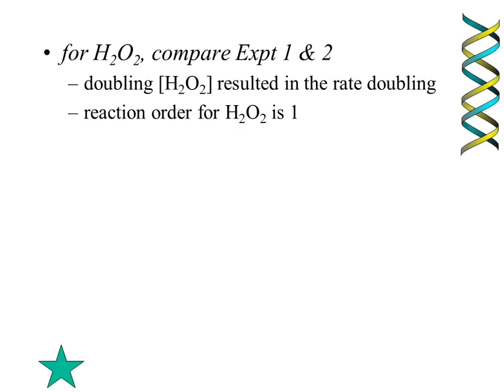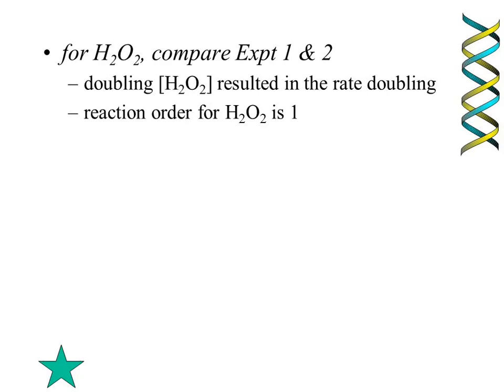All right. So you can go back and forth. You can go on to the sheet I gave you if you want. For experiment 1 and experiment 2, basically, you need to go over to this last column and divide the higher concentration, the 0.020 molar concentration of your hydrogen peroxide.